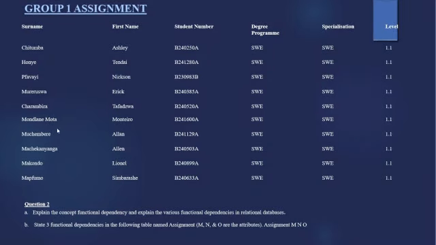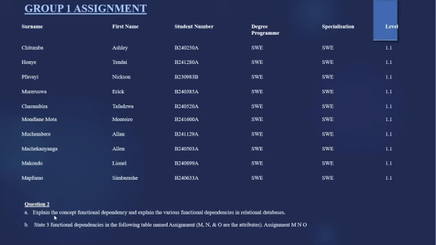Doing question 2. Question 2 says: explain the concept of functional dependence and explain the various functional dependencies in a relational database. So our question has got 2 parts.